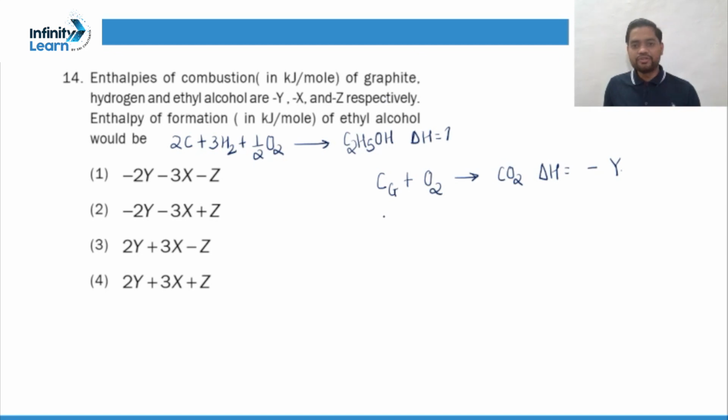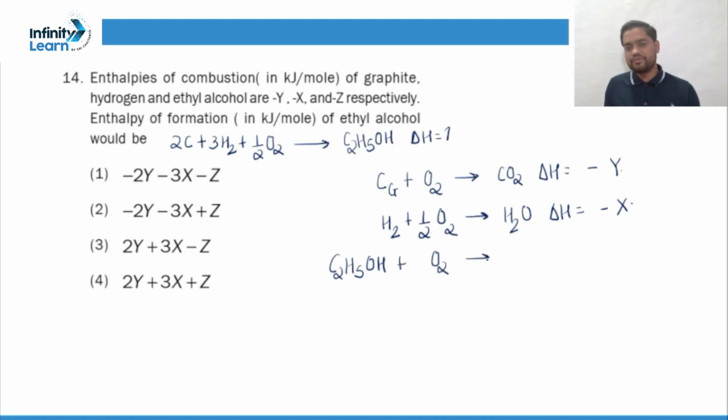Then hydrogen: 1 mole of hydrogen reacts with half mole of oxygen to give H2O, because the enthalpy of combustion over here is minus X. And ethanol, C2H5OH, reacts with oxygen to give CO2 plus H2O.